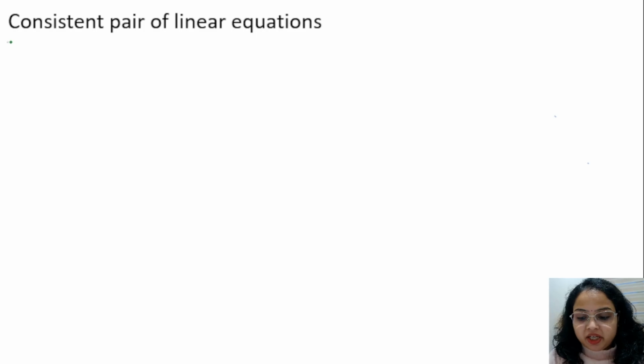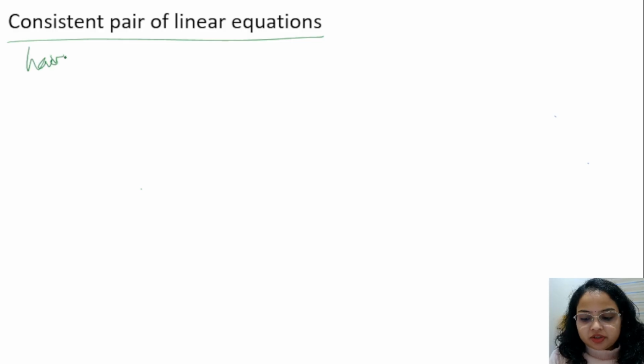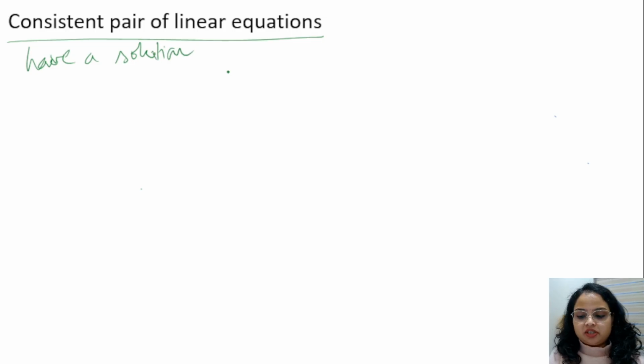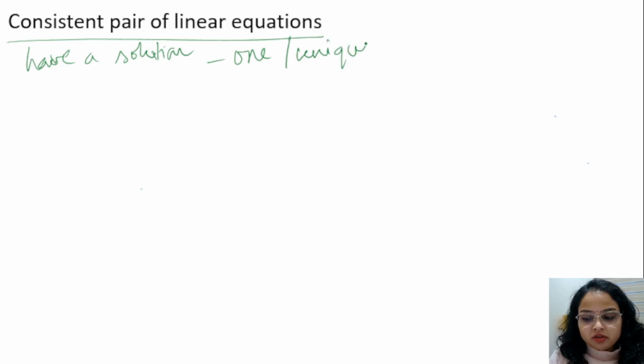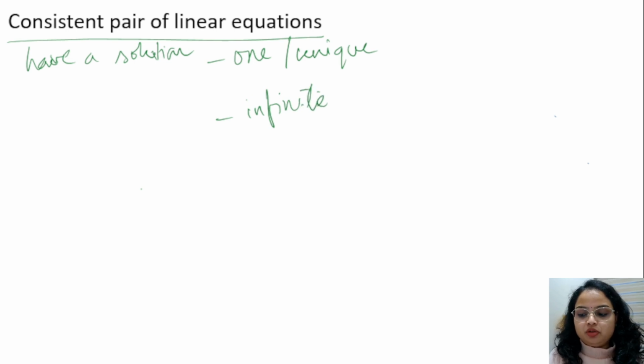What are consistent pair of linear equations? The equations which have a solution are called consistent pair of linear equations. It can be one solution, meaning a unique solution, or it can be infinite solutions.